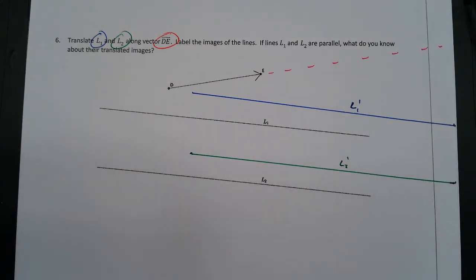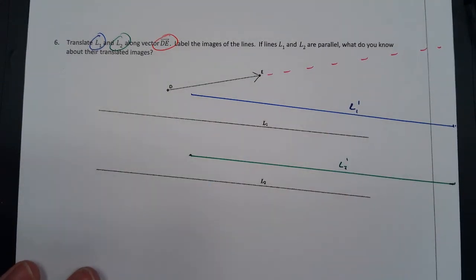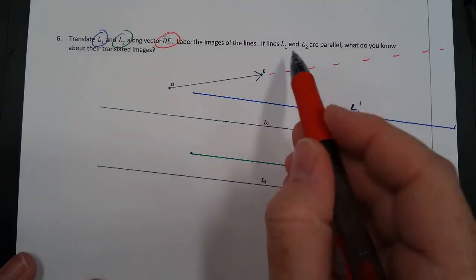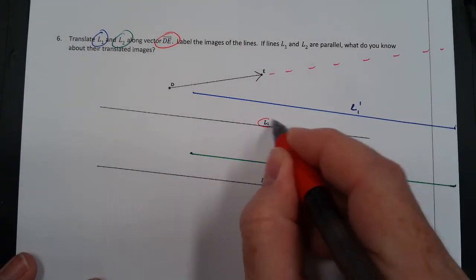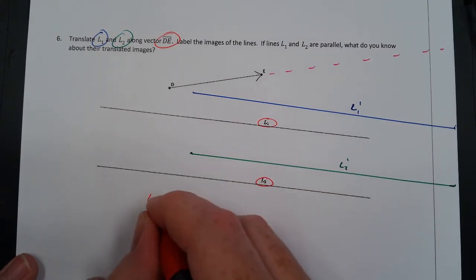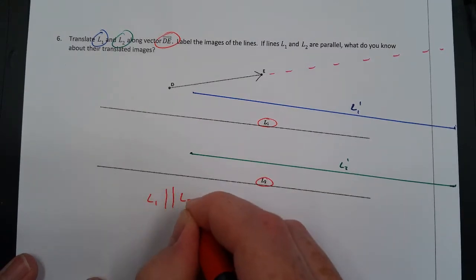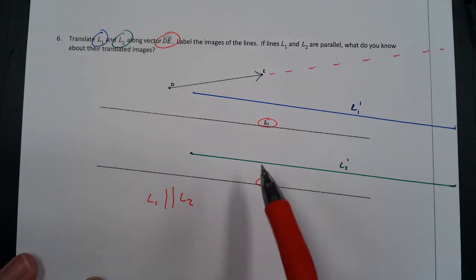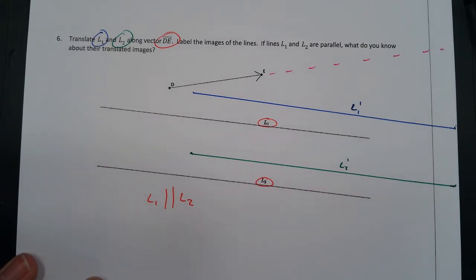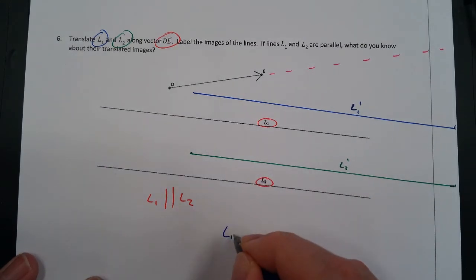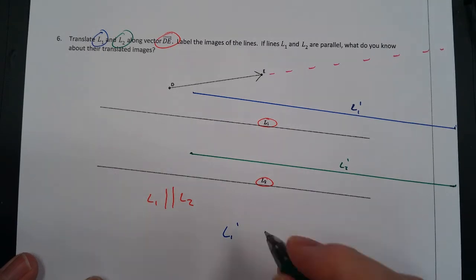And now we're ready to answer the questions. We followed the vector, we slid the lines over. The question says, if L1 and L2 are parallel, L1 is parallel to L2, what do you know about the translation? What do you know about the image of L1 and the image of L2?